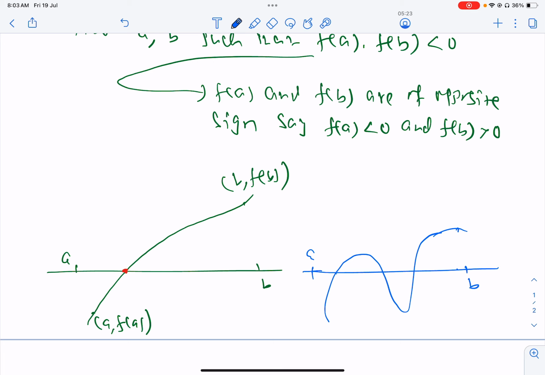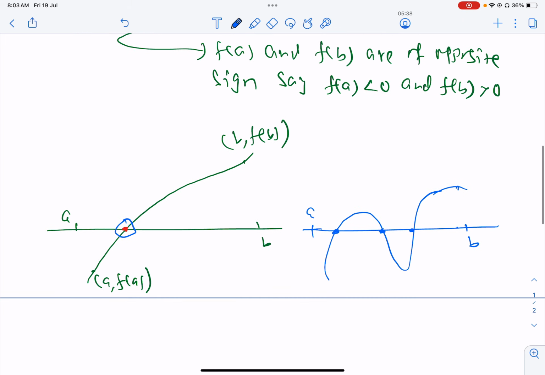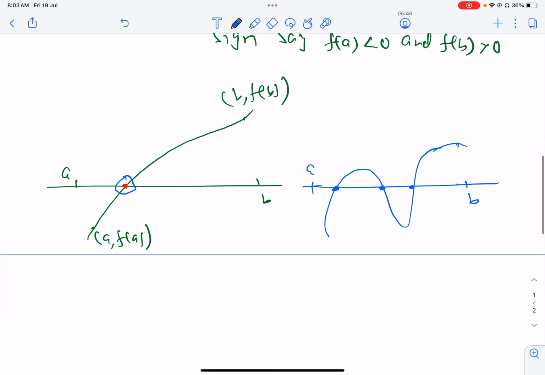So there is more than one root, but one root is guaranteed because the function is continuous. So this is our exact root, and we would like to find a value very near to this exact root. We call it the approximate root. So here we say that there is a root in the interval AB.